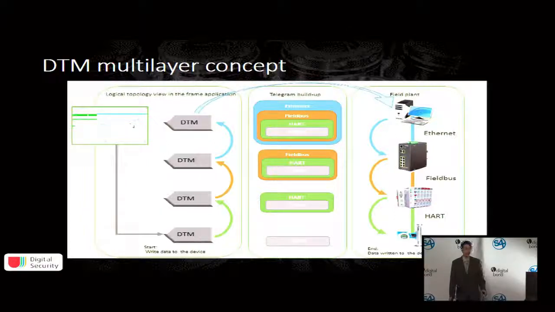And according to the FDT DTM specification, DTM has a multi-layer concept. So if you have a distant field device that is on the HART bus and you want to access it from a station that connects to the HART through a chain of different gateways, like from Ethernet to field bus, from field bus to HART, etc., you need to set up a chain of comm DTM components, and then in the application you just talk to the final component, the device component, and all other things are done automatically.